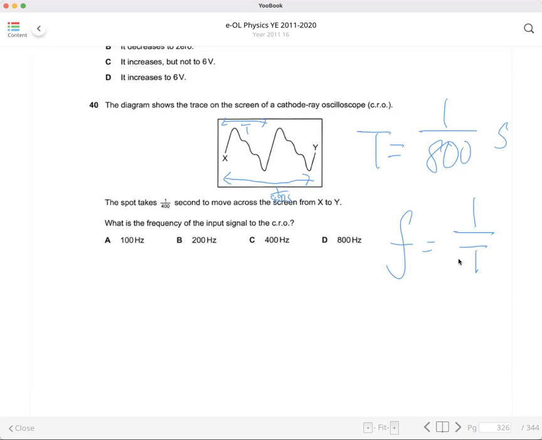Hello, Bei Kwan, you substitute your T equal this. Then can you find your F?